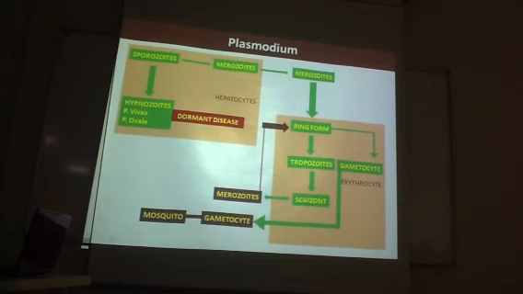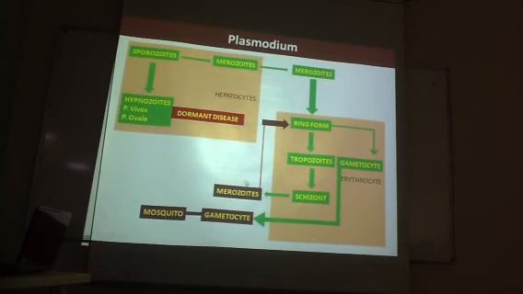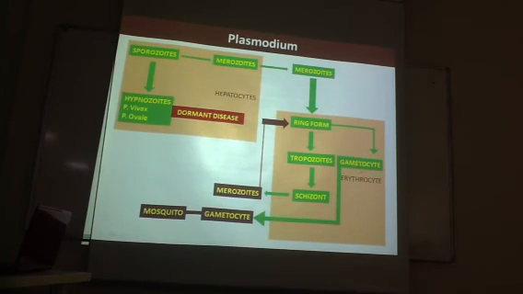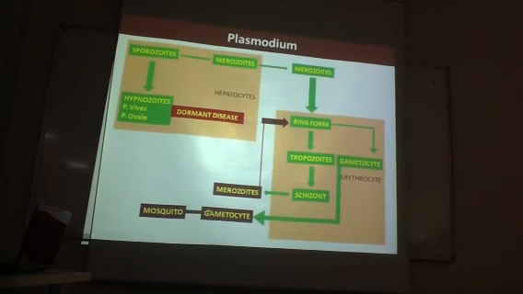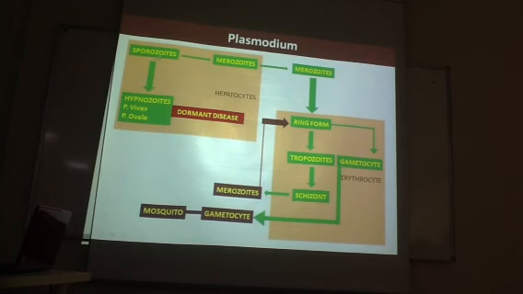Okay, and the schizont has a lot of merozoites that come out of the RBC, and they will go and infect other RBCs. And some of the ring forms are converted into gametocytes, and they come out of the RBC, and that will be taken by the mosquito. Okay, so this is very important. In Vivax and Ovale, some of the sporozoites get converted into hypnozoites.